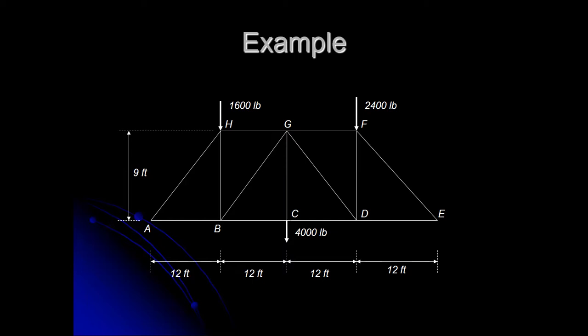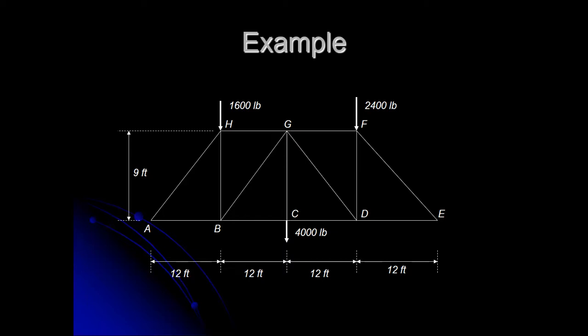That load at C would put about 2,000 pounds on A and E, but we've got a little bit of asymmetry here at the top with our load here at H and F. So that's going to cause some differences in the support forces that we measure. But let's go ahead and sketch this over here, and we will go over to the board, or to the sheet.